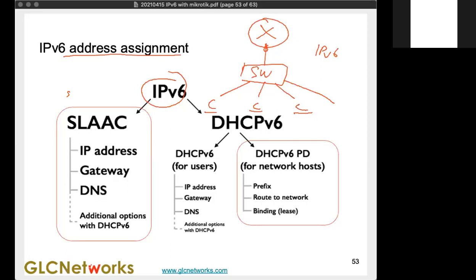As you can see, it's 128 bits. Okay, so it means 2 to the power of 128 addresses. This is huge, man. It's huge. So that's why there is no need for NAT.